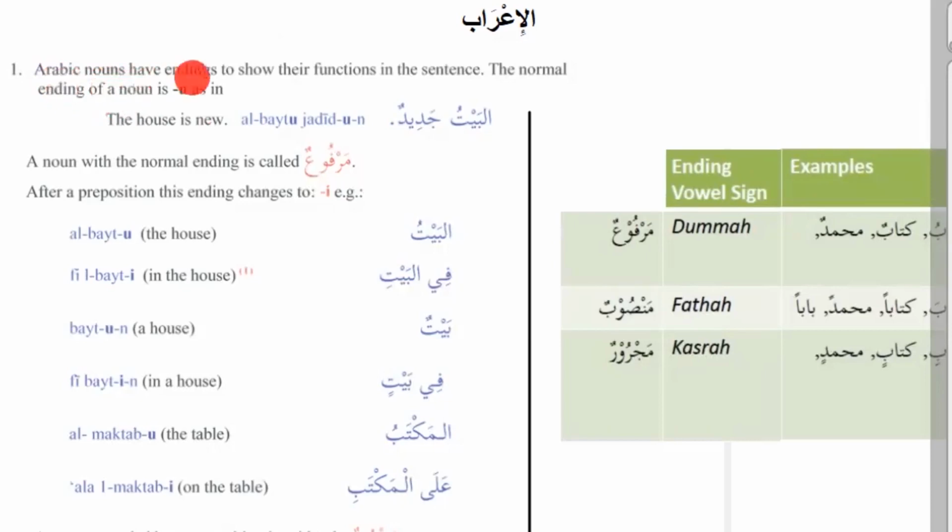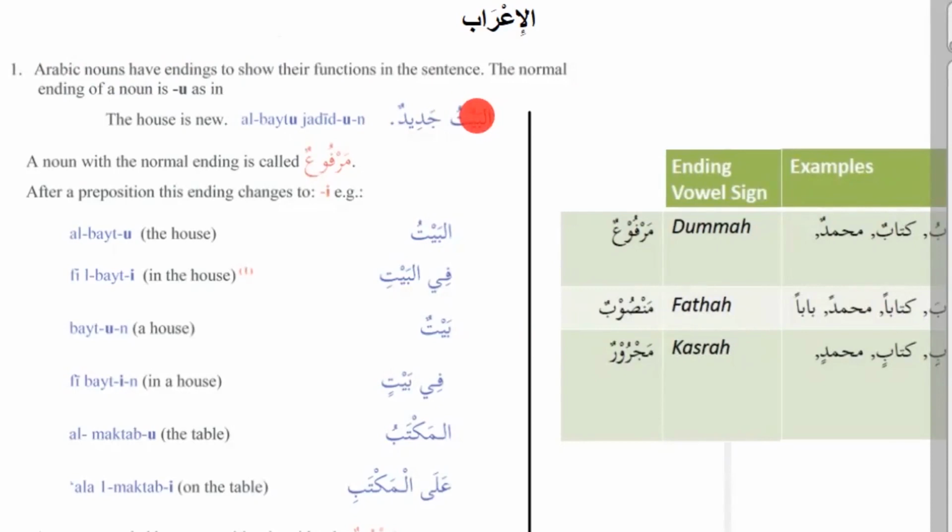Arabic nouns have endings to show their function in the sentence. The normal ending of a noun is u, as in al-baytu. That is the normal form of a noun. A noun in the Arabic language, in its normal form, the default form, has dhamma or dhammatain, depending on whether it is nakira or ma'rifa, whether there is alif lam or not.